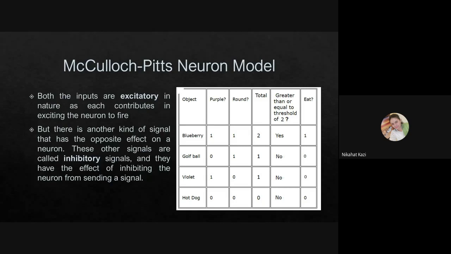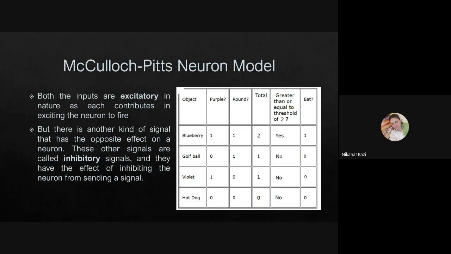These inputs are excitatory in nature. Why do we say so? Because these inputs are actually causing the neuron to fire. So they are going to cause the neuron to fire more. So if it is purple, okay, there's a chance that that object is a blueberry, so it's going to cause it to fire. So it is excitatory in nature.